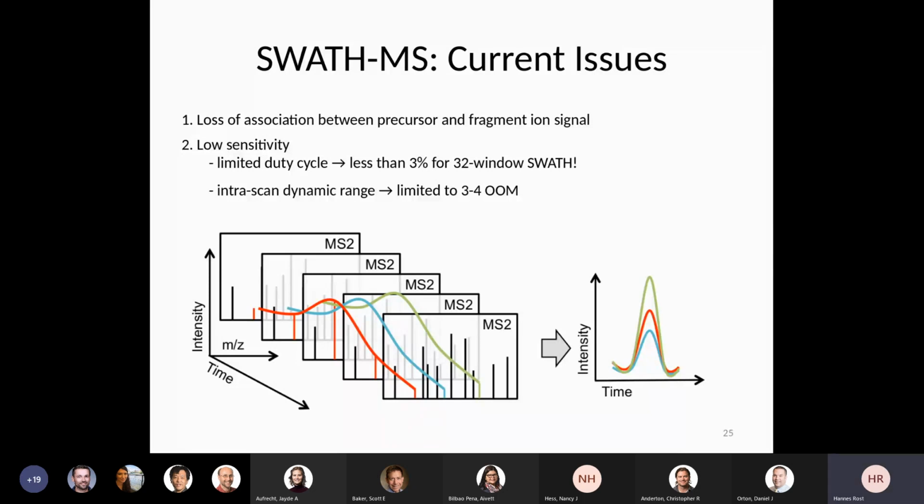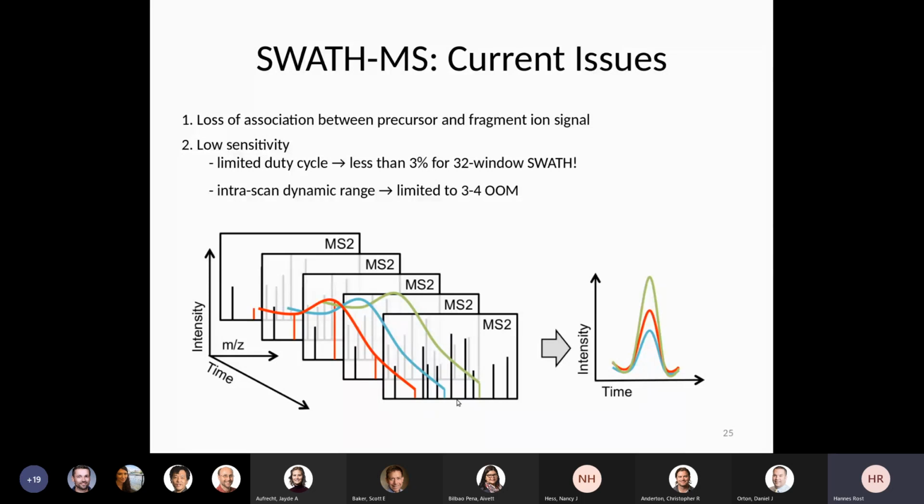And secondly, we were dealing with this question of intrascan dynamic range, and that is related to the fact that for any sort of analyzer, whether it's a TOF analyzer or an Orbitrap analyzer, it is very difficult to measure these very low abundant fragment ions in the presence of very high abundant fragment ions.